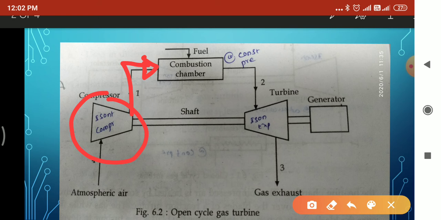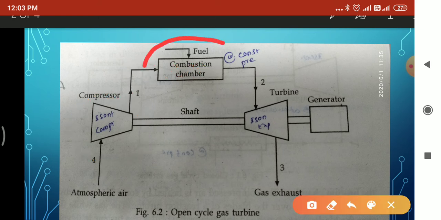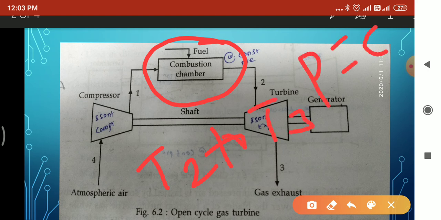Because in this combustion chamber, mixing takes place between heated air and combustion products, meaning gas. And in this combustion chamber, the air is heated at constant pressure, simply increasing the temperature from T2 to T3, keeping pressure P constant.